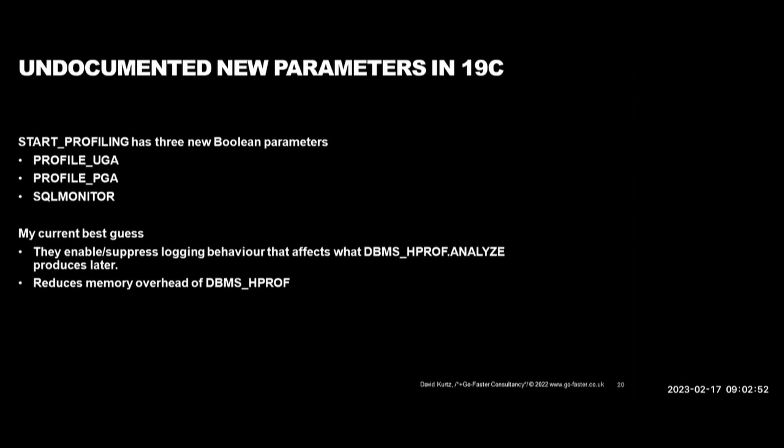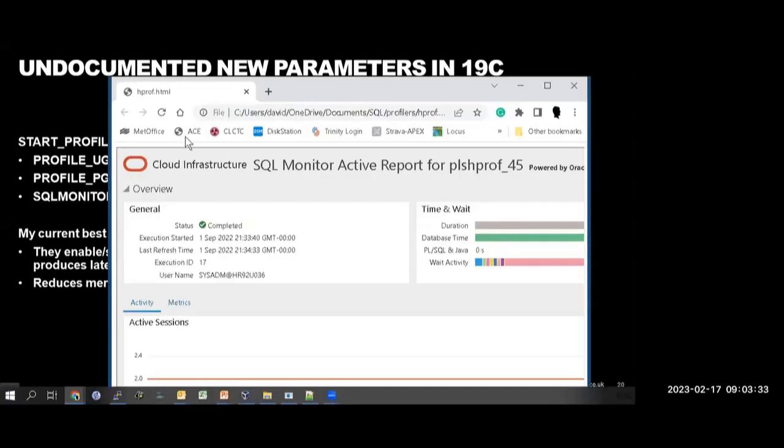There are some new Boolean parameters on the hierarchical profiler, but they are unfortunately not documented. My current best guess is that they enable or suppress certain logging behaviors during the analyze phase. It will produce this little SQL monitor active report.